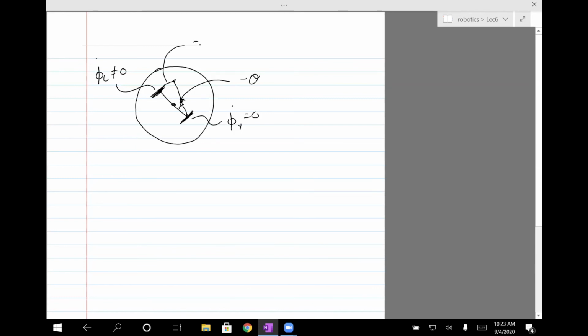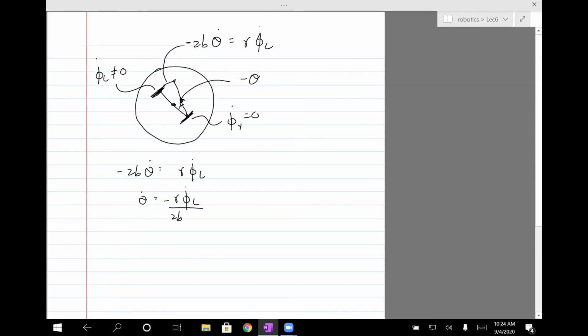You can write it as 2b times theta dot, which can also be written using arc length as r times phi dot L. But remember, this is negative because it's turning clockwise. So we can write minus 2b theta dot equals r times phi dot L, and so theta dot equals negative r phi dot L divided by 2b.